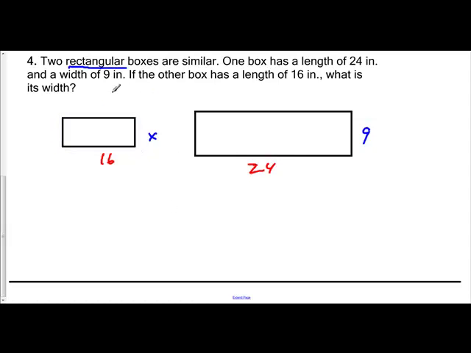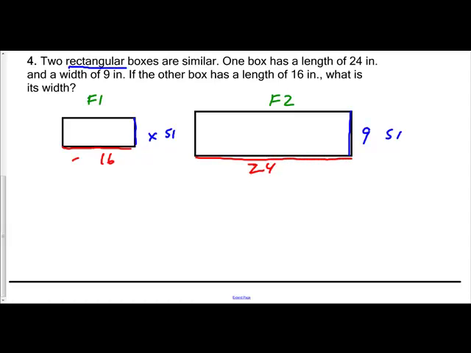And so we'll call this figure 1, and we'll call this figure 2. We'll call this side 1, and that means that's side 1 because notice they correspond. They're on the same side of different figures, and so these two sides correspond.